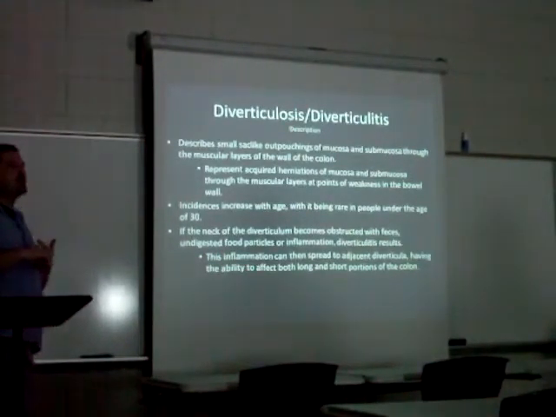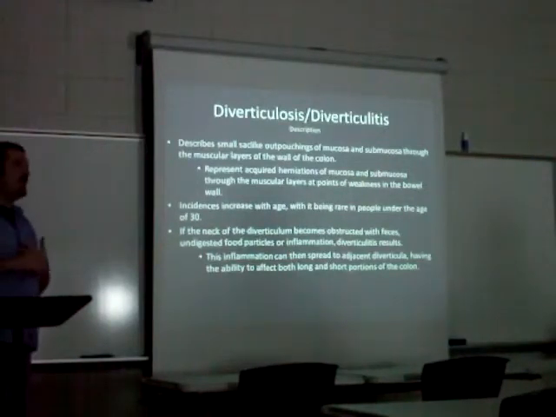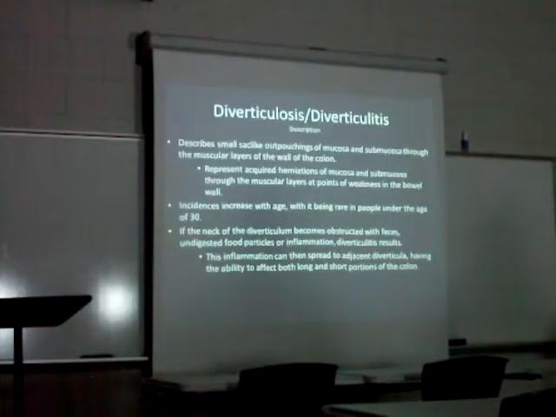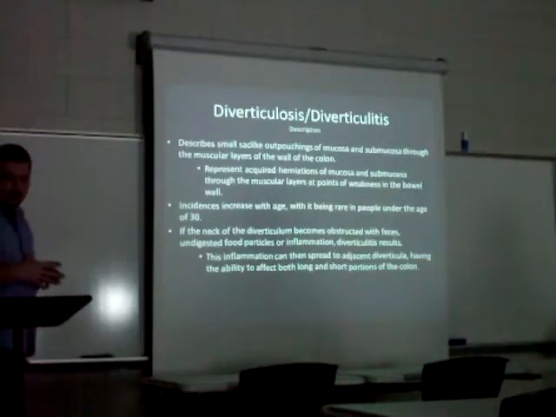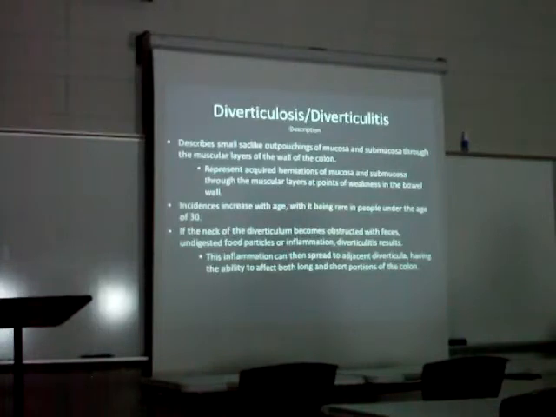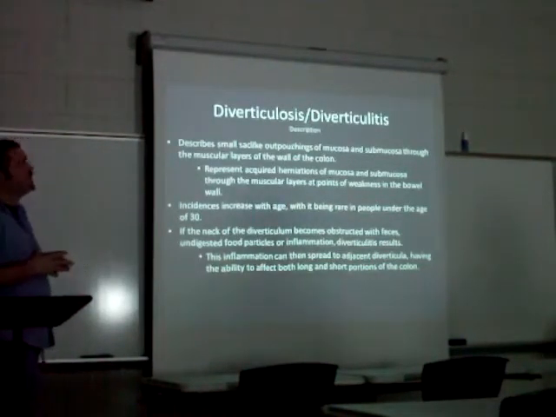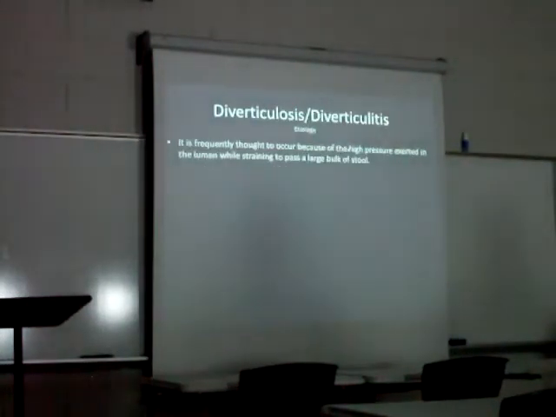Diverticulosis is just simply the outpouching developing, and diverticulitis is the inflammation of those outpouchings. If this inflammation is not treated, is not held in check, it can spread to the other outpouchings next to them and create widespread diverticulitis. So that is diverticulosis, diverticulitis in a nutshell.